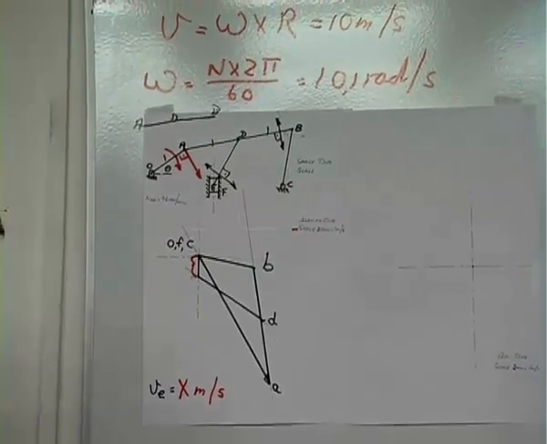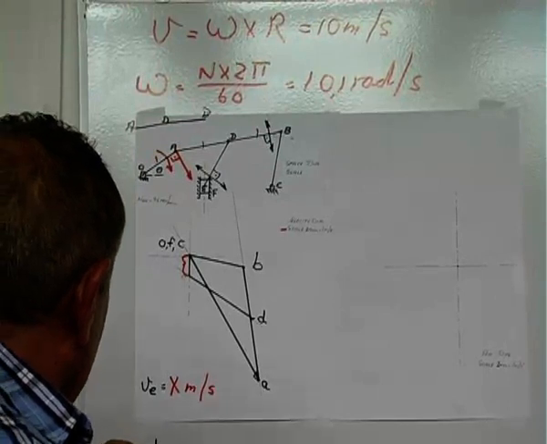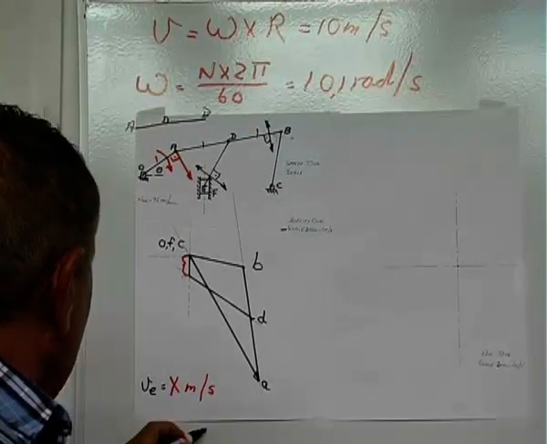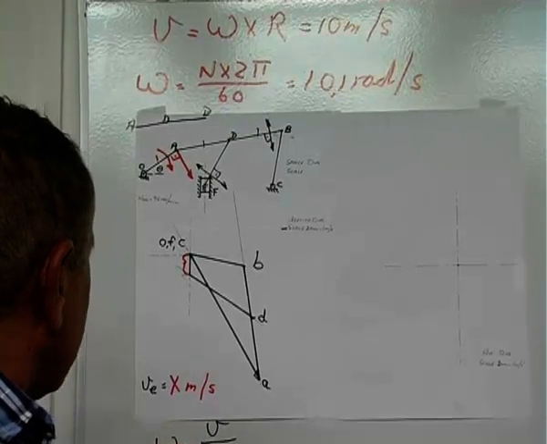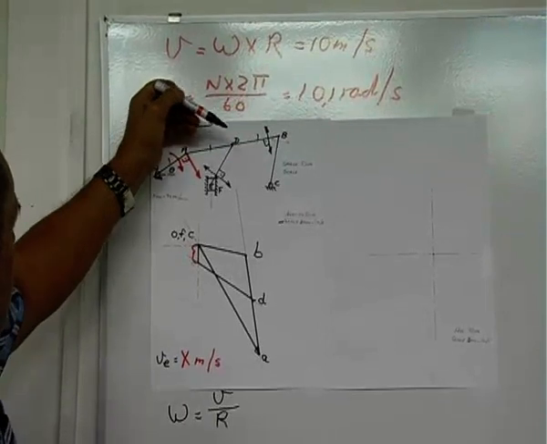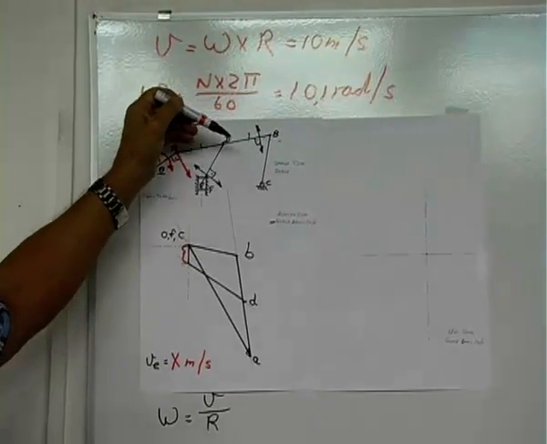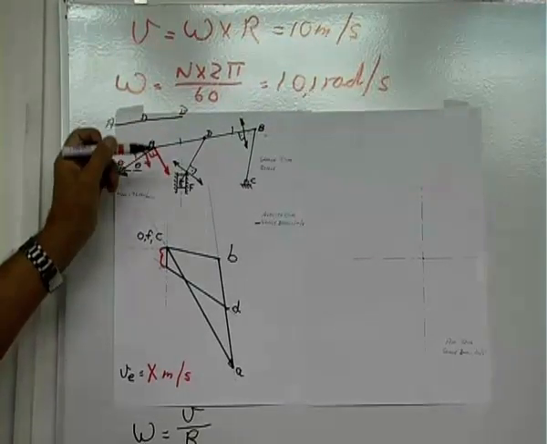For angular velocity, as you know, you need a linear velocity and you need a radius. For example, if I ask you the angular velocity of DE. So where is D?